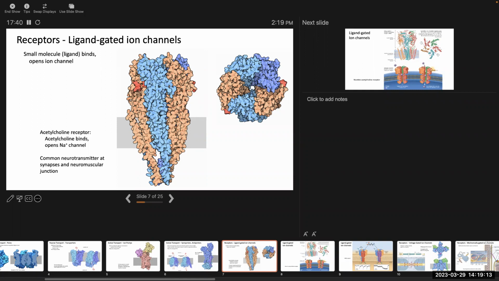And in response to the binding of acetylcholine, there's a subtle shape change in the interior of the molecule that now opens up a channel in the middle of the molecule to allow sodium ions to flow through.